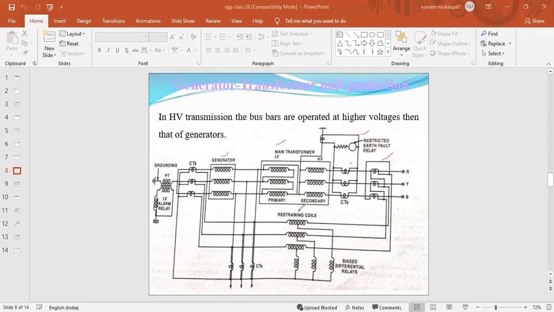Because without restraining coils, if suppose very small fault currents are obtained, the differential relay will operate and disconnect the generator and the transformer units. That is one of the major difficulties in the case of a differential protection. That will be overcome by using this type of bias differential protection.